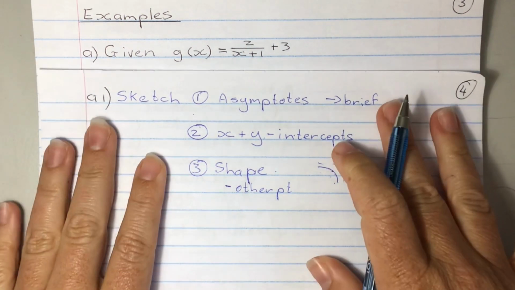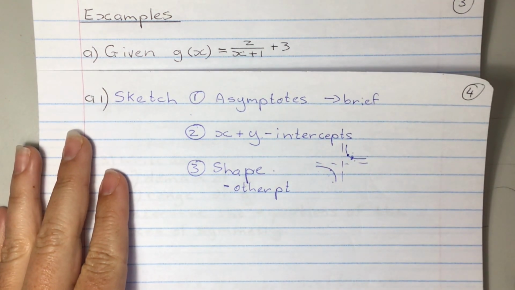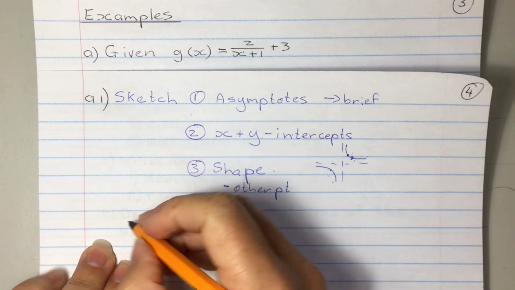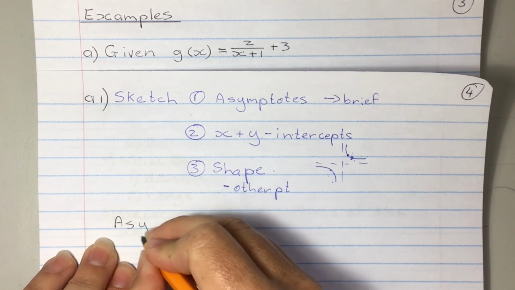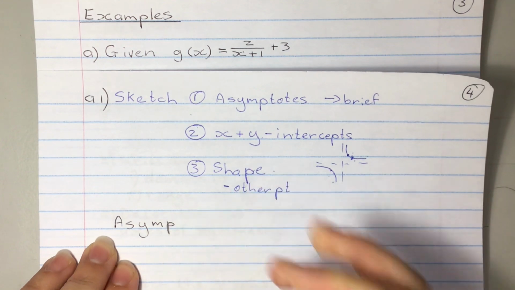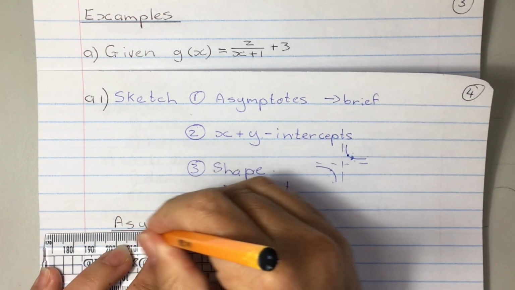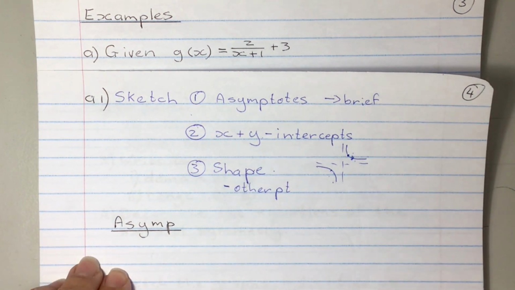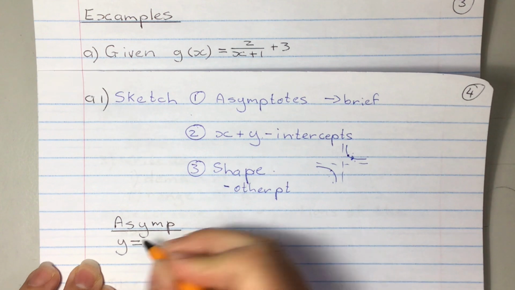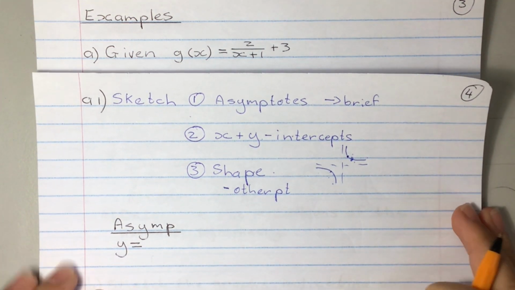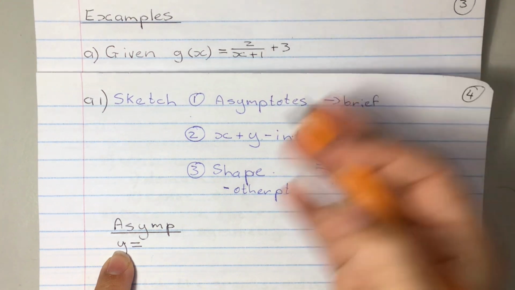So let's start off looking at this first graph. Firstly, I'm going to decide what my asymptotes are. Now you don't have to write this down, but it helps me to keep track of what I have figured out. So let's start with our y asymptote. For our y asymptote, we look at our q value, which is positive 3.